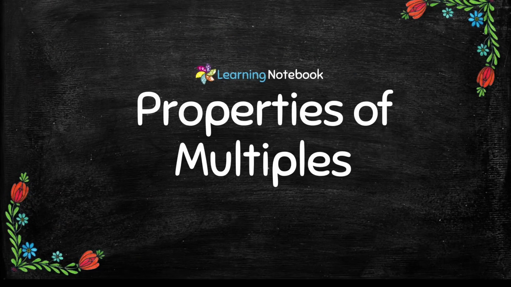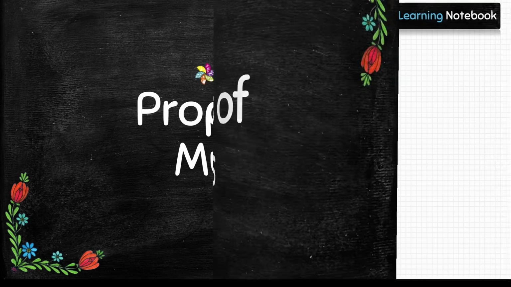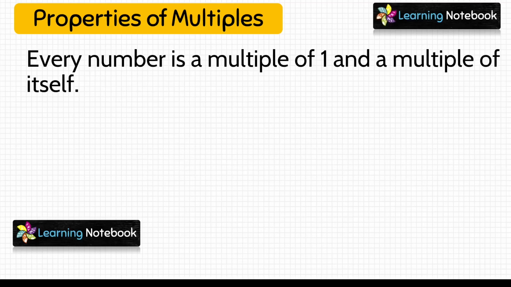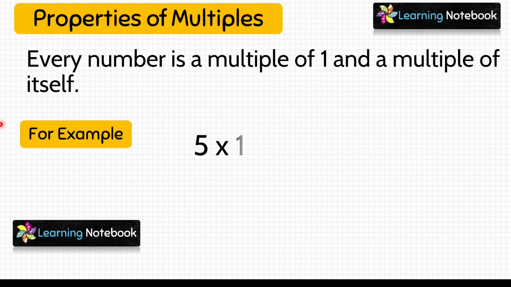Now let's understand properties of multiples. First property of multiples is every number is a multiple of 1 and a multiple of itself. For example, 5 multiplied by 1 equals 5.